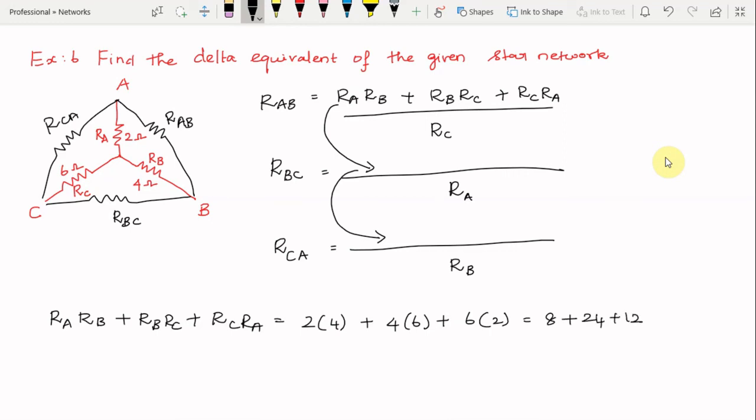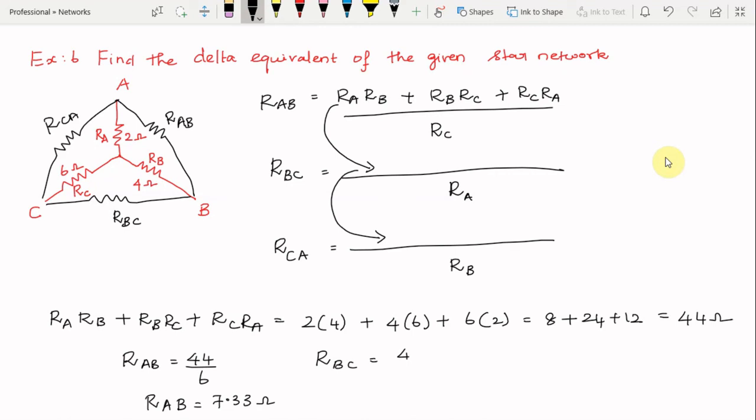So now we have the value as 44. So the numerator value is 44. Therefore RAB is equal to 44 divided by RC, which is 6. So we will have RAB is equal to 7.33 ohms.